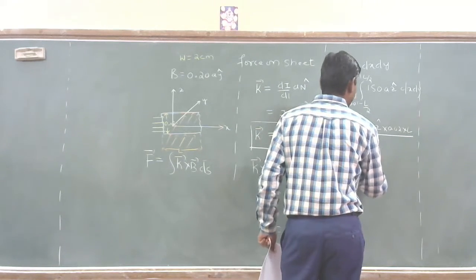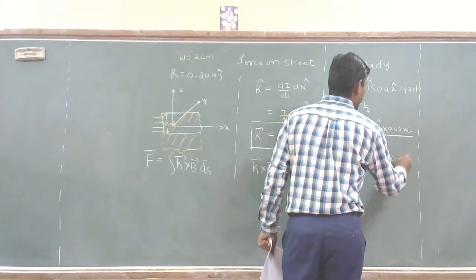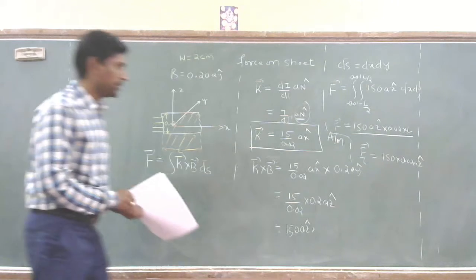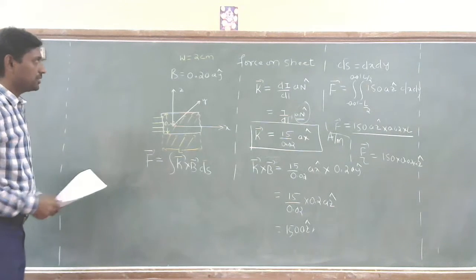So it is F by L, which is 150 into 0.02 Az hat. That's all about this problem.